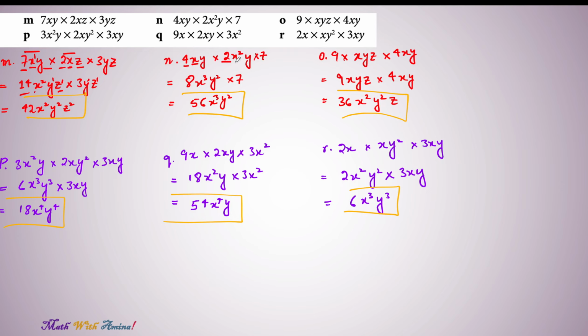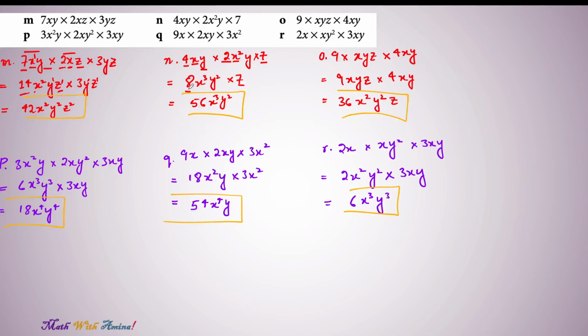In here we have x and we have x squared in here, so when multiplying these two, the powers will be added. 1 plus 2 is equal to 3. In here we have y, so we have y in this term as well, so their powers will be added. 1 plus 1 is equal to 2, so the term will become 8x cubed y squared. Then multiply by 7 as we have it in here, so 8 multiplied by 7 is equal to 56.